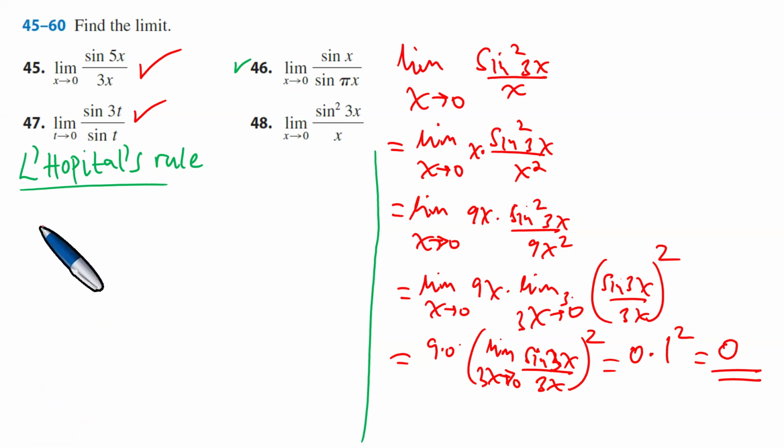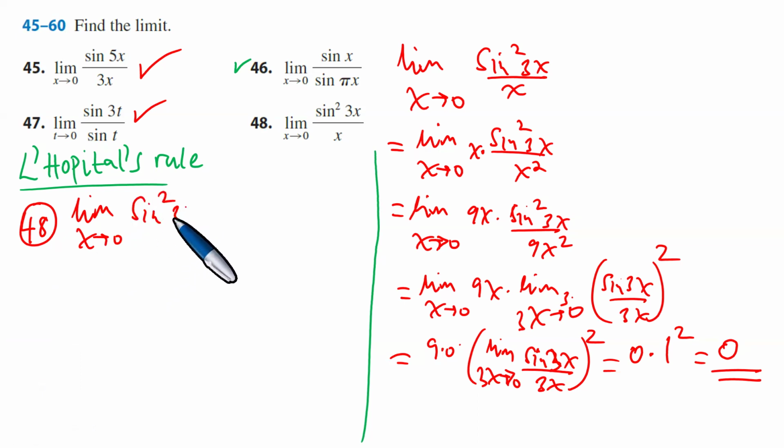Now if you look at 48, here you have sine squared 3x divided by x, and now x approaches 0. At this point, you substitute straight away: sine 0 squared is 0, so it is 0 over 0.